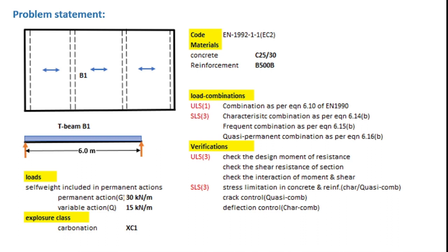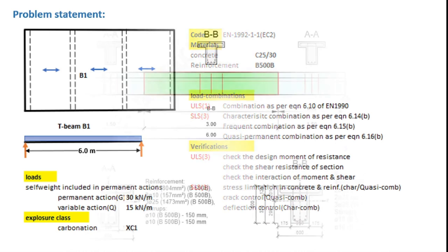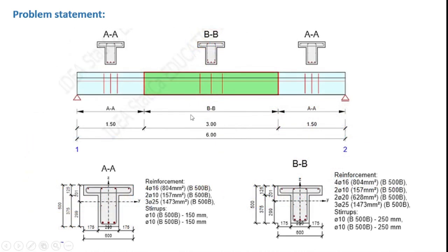So let us first see the details of the cross sections before going into the Idea Statica program. In this case, the 6 meter beam is simplified into two reinforcement zones. One zone of length 1.5, then a central zone of length 3.00, and the reinforcement details are characterized by two cross sections, section AA and section BB.